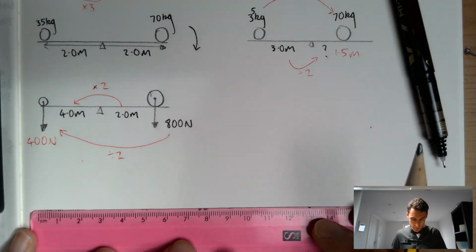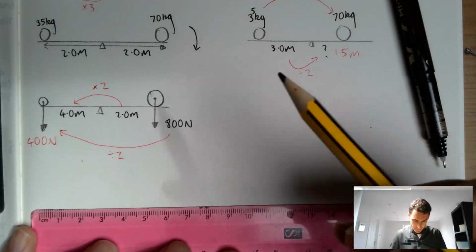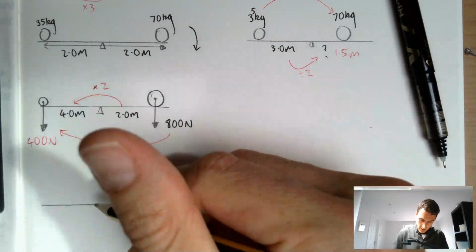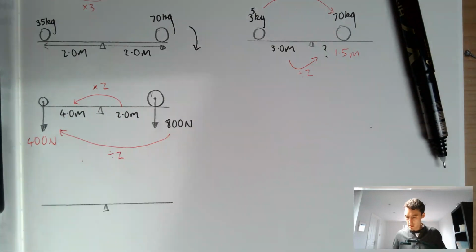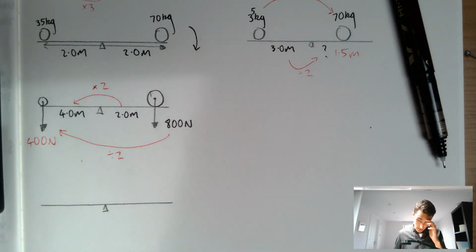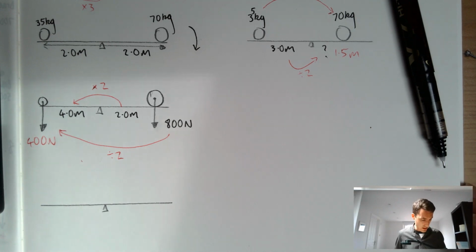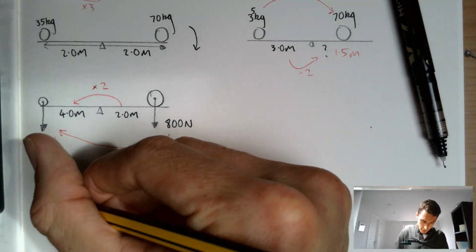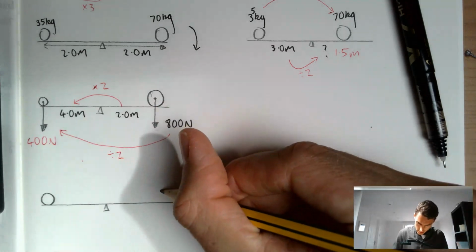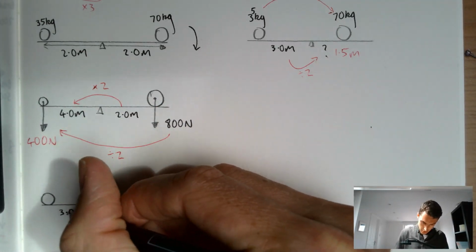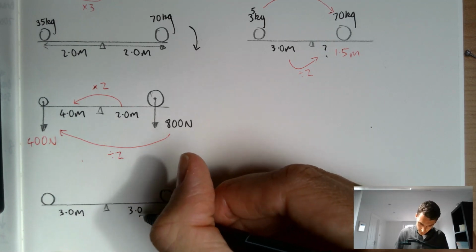The last one I might do would be to say, okay, now, many years down the line, my son and I go to the park together. For me, I have to imagine this because my son's only 3, so he's quite a way off this scenario. But let's imagine we both sit 3 meters from the pivot.